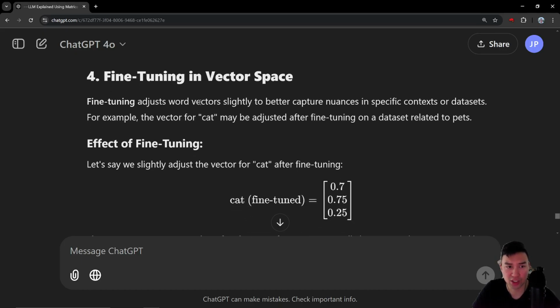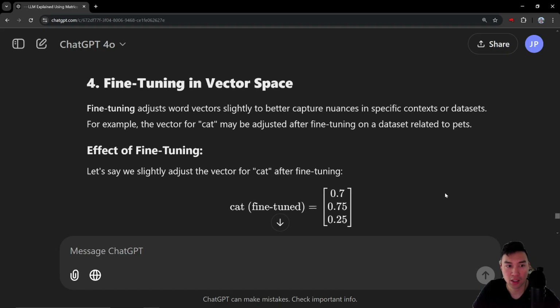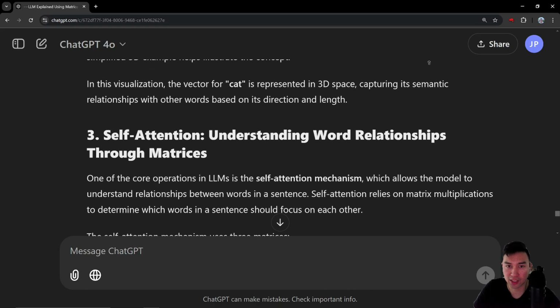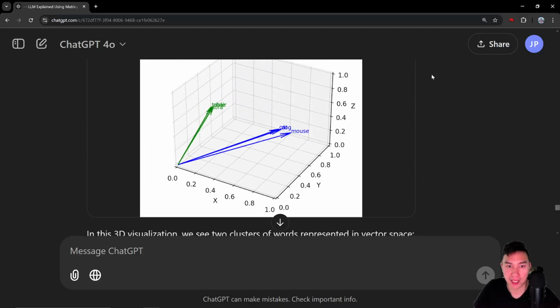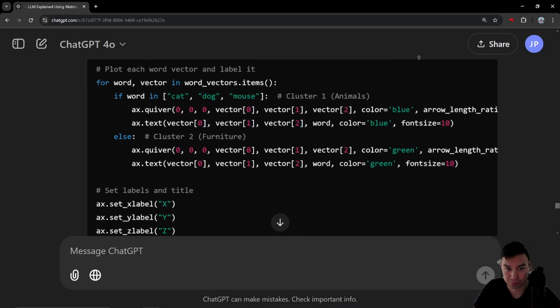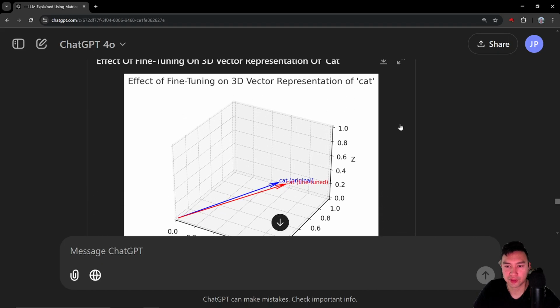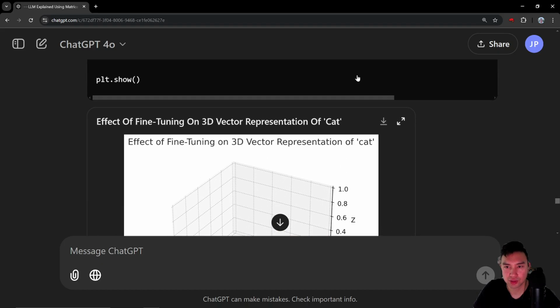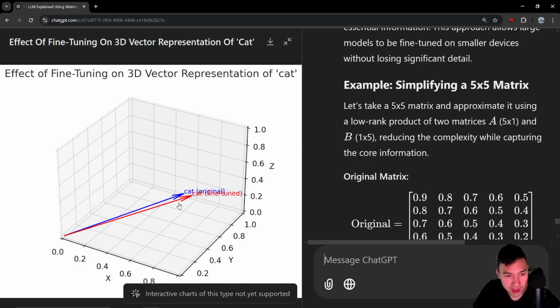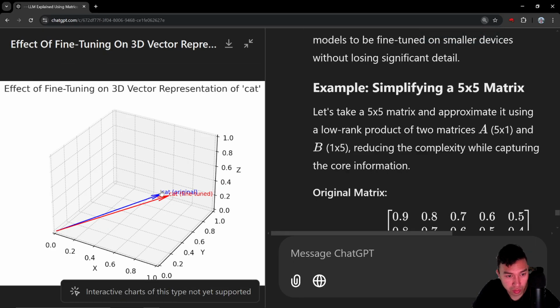But yeah, fine tuning in vector space. Fine tuning adjusts word vectors slightly to better capture nuances in specific contexts or data sets. For example, the vector of cat may be adjusted after fine tuning on a data set related to pets. So let's look at the visualization again for the cat. If you could see here, the original is the blue.